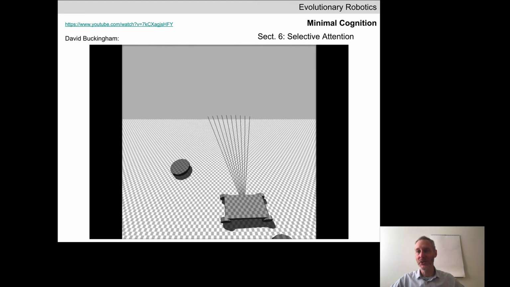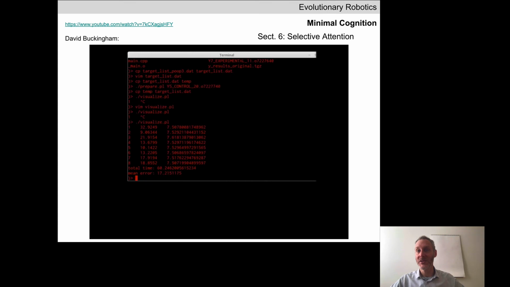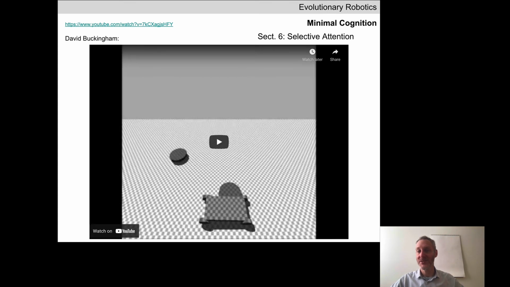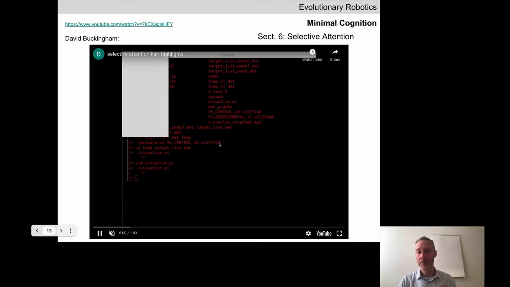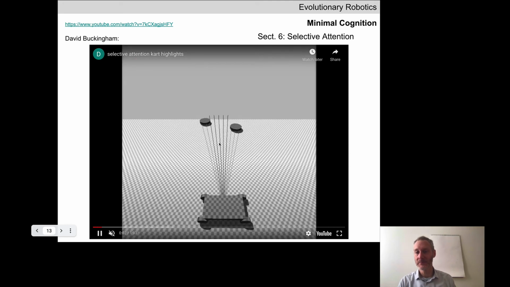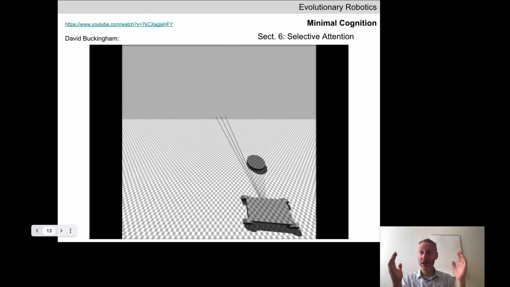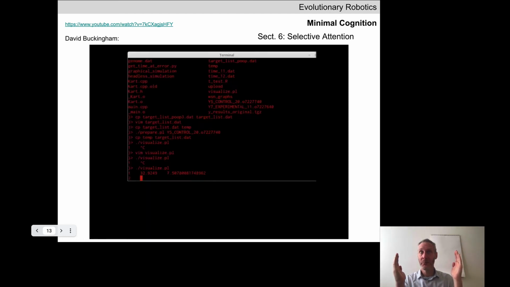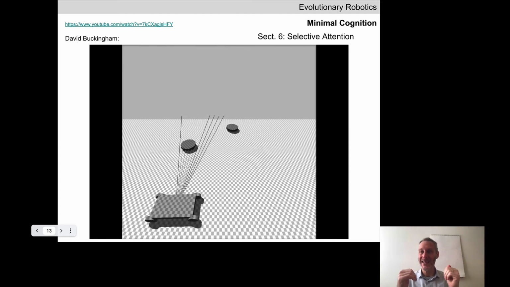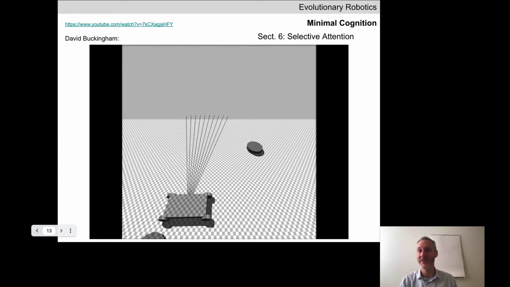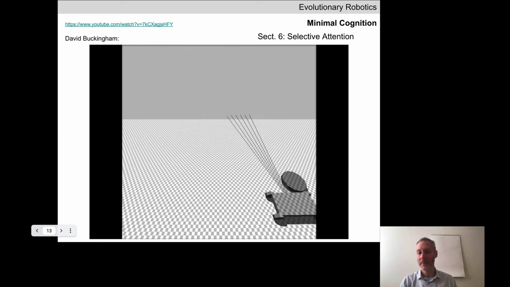And the simple solution, which is always go for the one that's closest, is not always the best thing to do. So that's difficult. So selective attention is a relatively complex building block of intelligence because it contains its own building blocks of intelligence, like decision making.